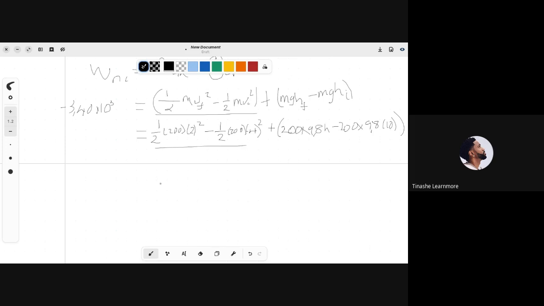If we simplify this, how much do we get? If we simplify the kinetic energy, how much do we get? Just the kinetic energy.